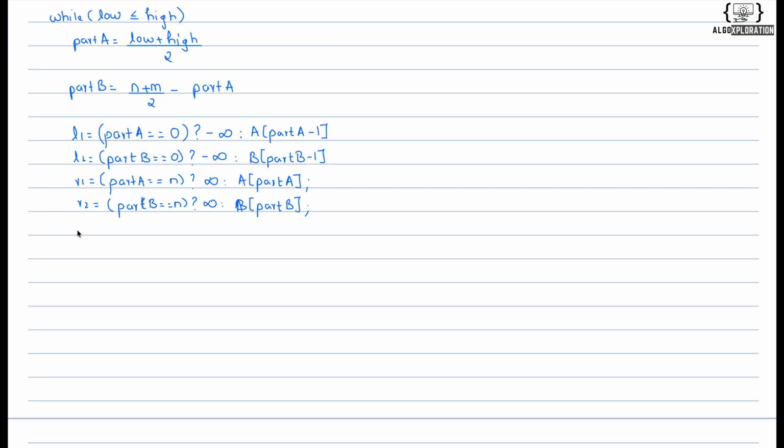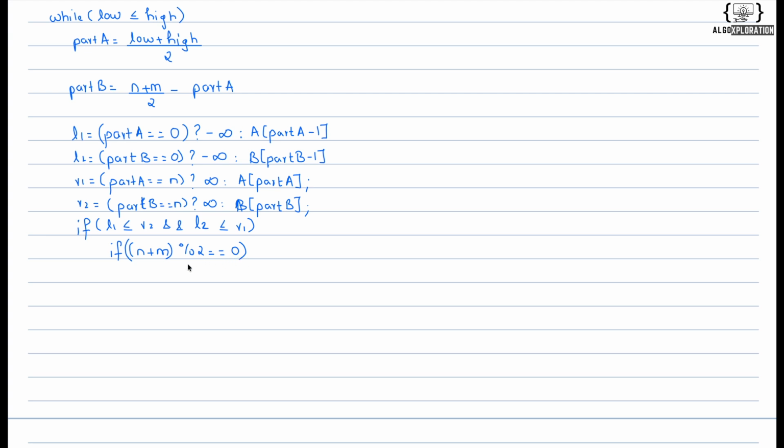Now we are going to check the condition: if L1 is lesser than equals to R2 and L2 is lesser than equals to R1. If that's the case, then we need to check if n plus m is turning out to be even.